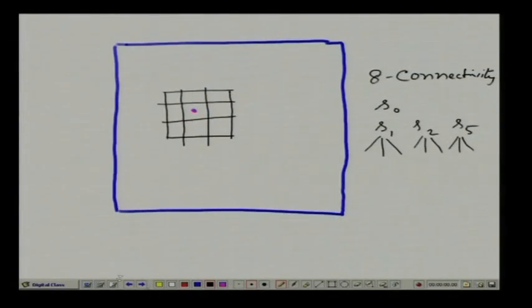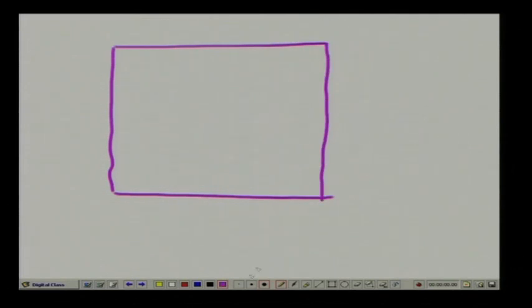So, effectively what we are doing is selecting a number of seed points in the image following some criteria. This seed point selection is application dependent, and once we select the seed points, then from the seed points we start growing the region in different directions by incorporating more and more points, which are connected as well as similar.